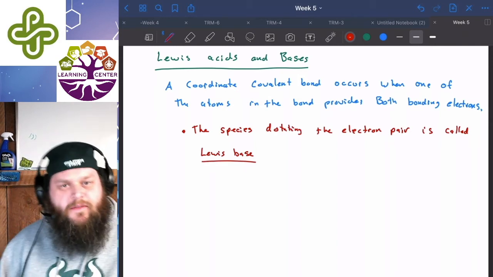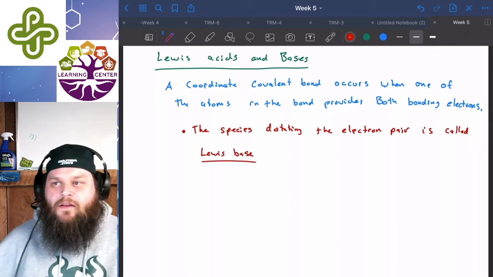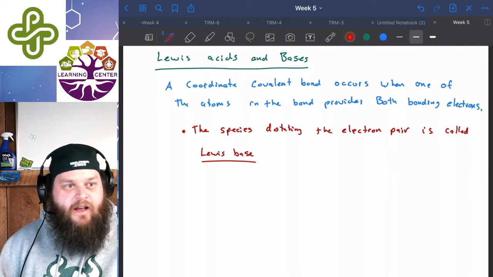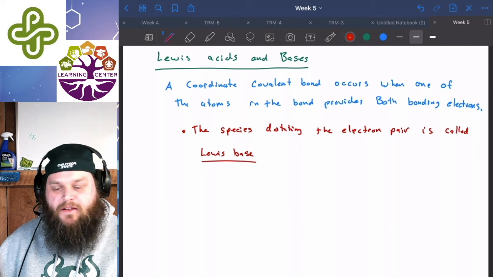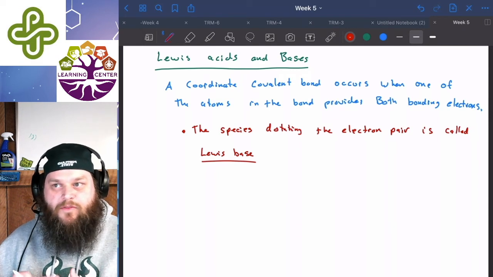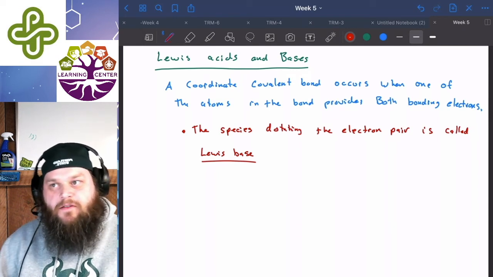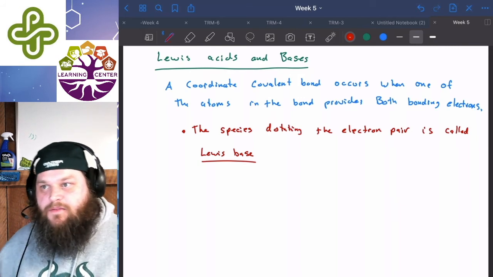So this is the same as what we've dealt with before with the bases. Since the hydrogen ions never have any electrons for themselves, the other complex or the other species is usually the one who provides all the electron pairs. So that's going to be the base of the situation.